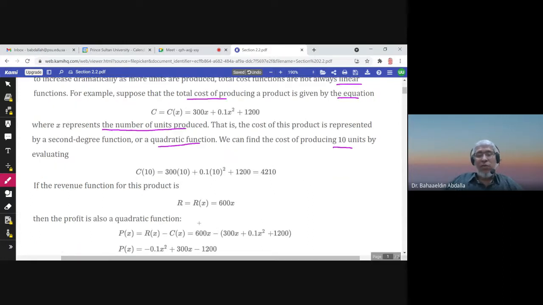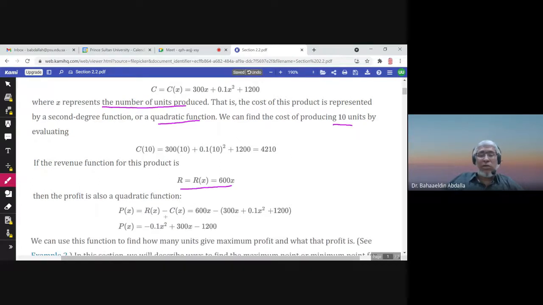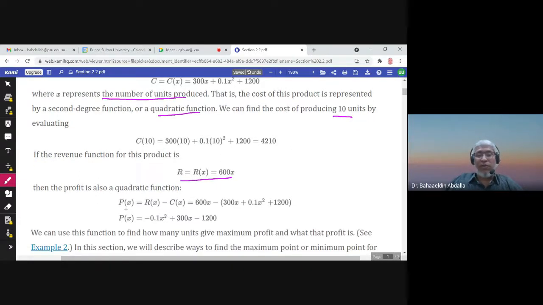The revenue, as usual, we found by multiplying the number of units times the selling price. So the revenue here would be linear. We remember that the profit is the revenue minus the cost. Notice that the cost is quadratic, revenue is linear.